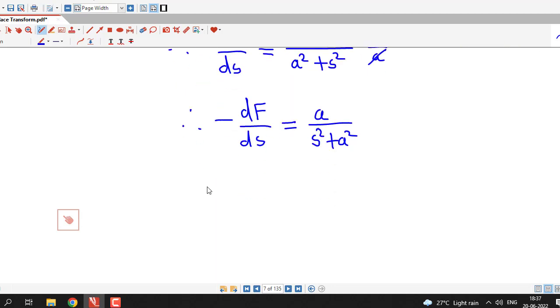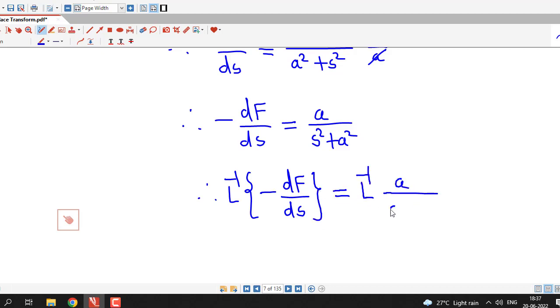Now we take inverse Laplace transform on both sides. Therefore L inverse of minus dF by ds equal to L inverse of a divided by s square plus a square.